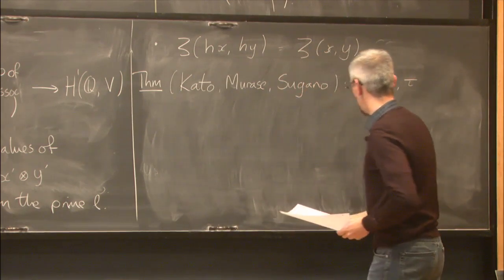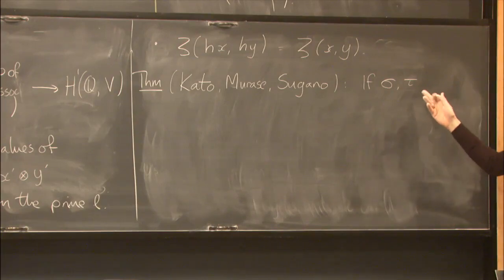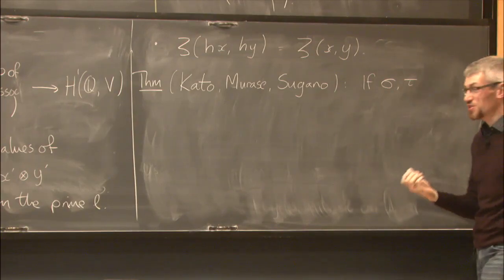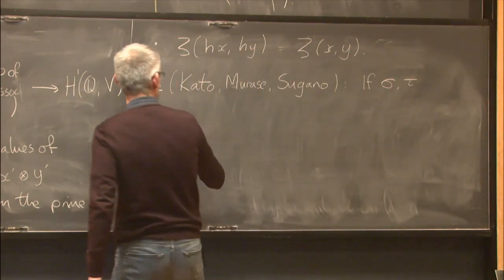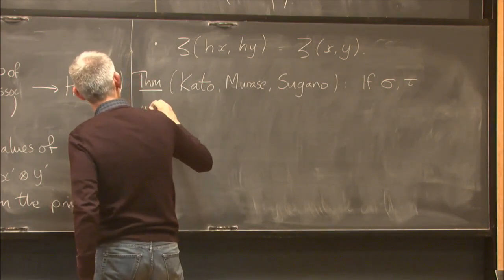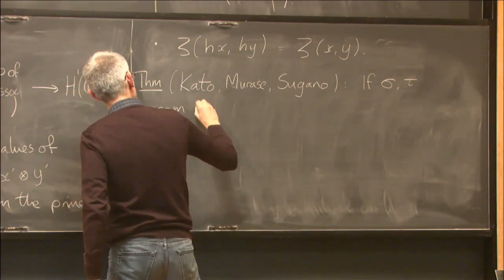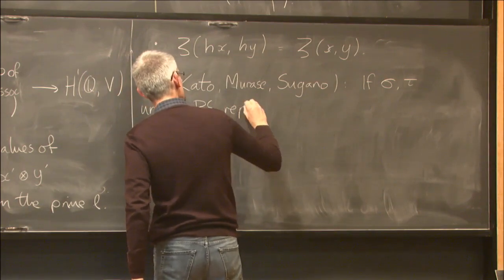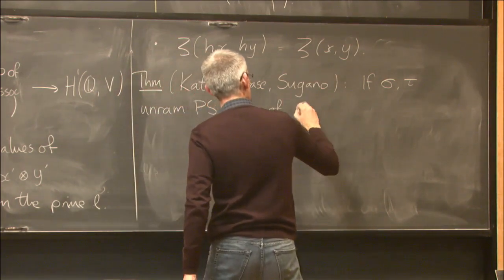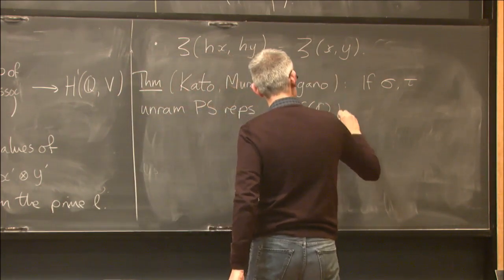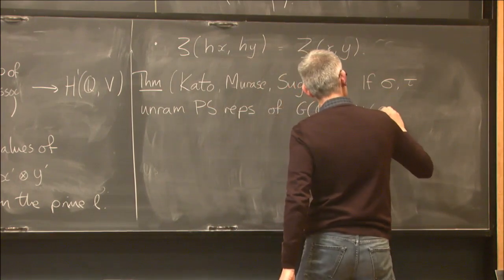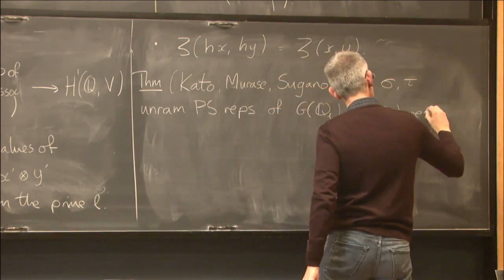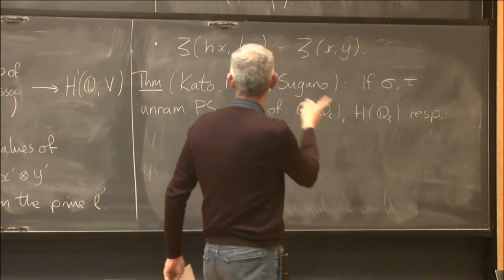So if sigma and tau are unramified principal series representations of H of Q_L and G of Q_L respectively, let me make sure I've written this the right way around.